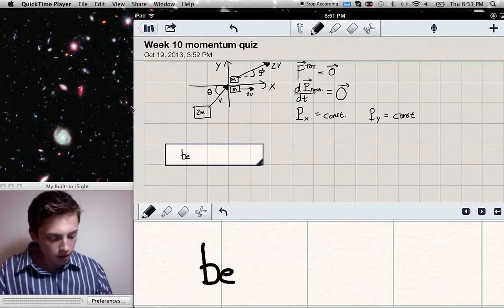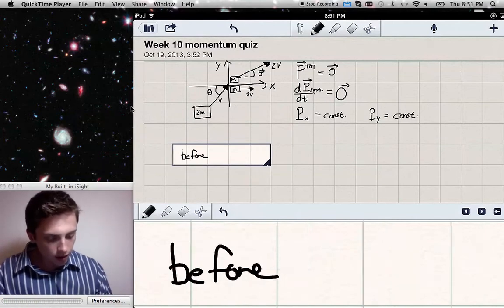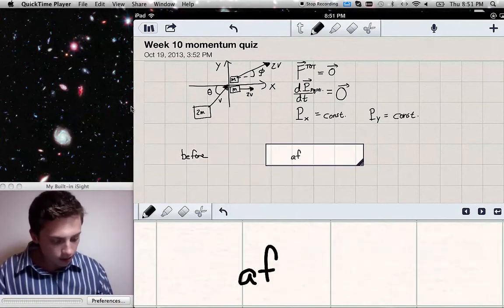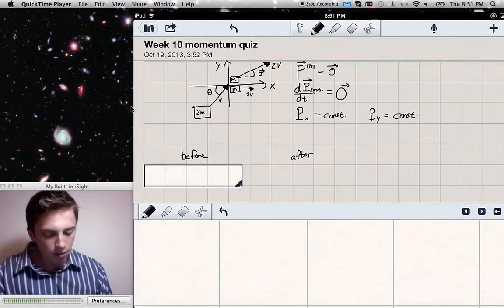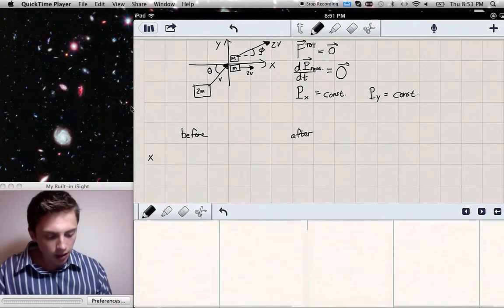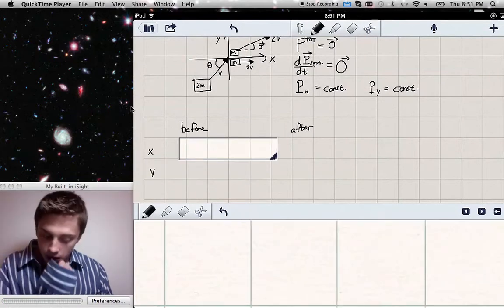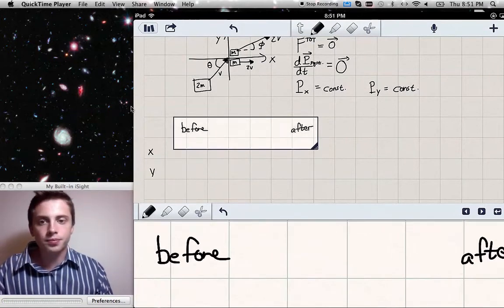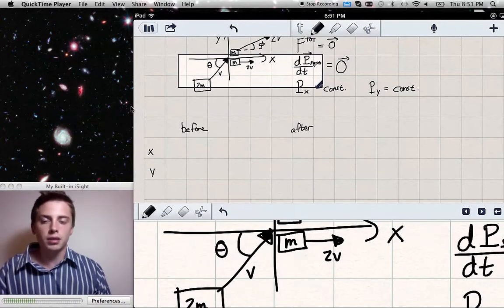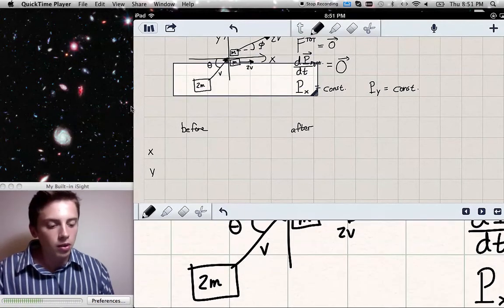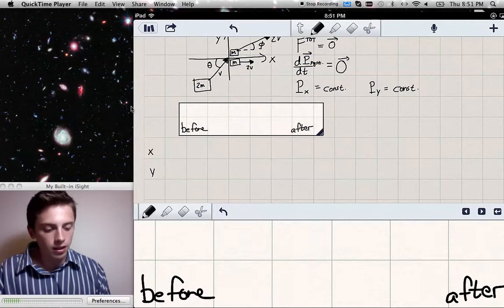Before, after, and we'll have a total momentum in the x and a total momentum in the y. So before, looking up here, we have this mass of 2m moving v in the direction of theta.